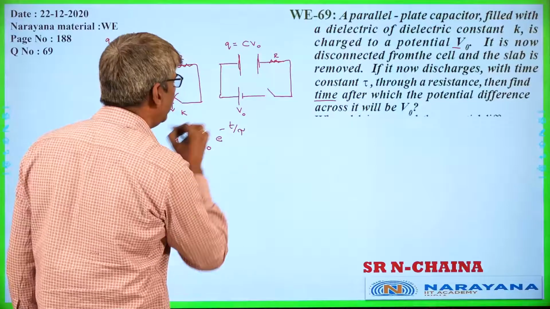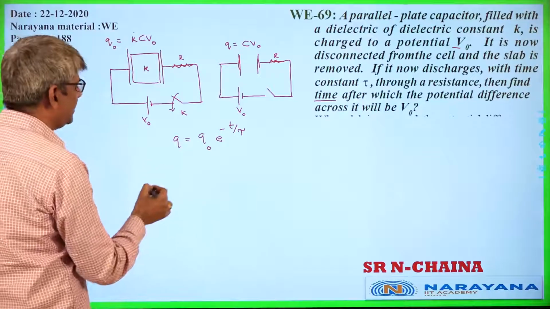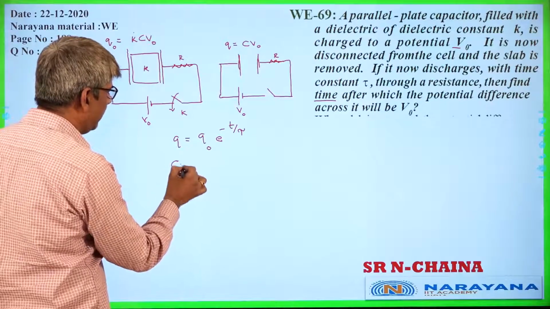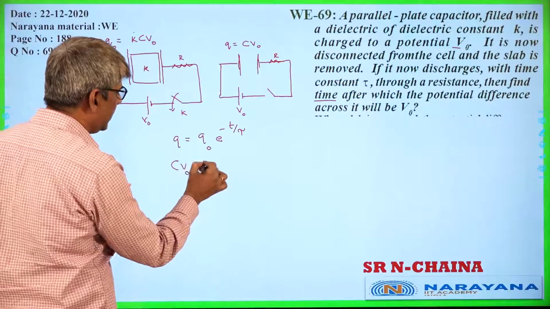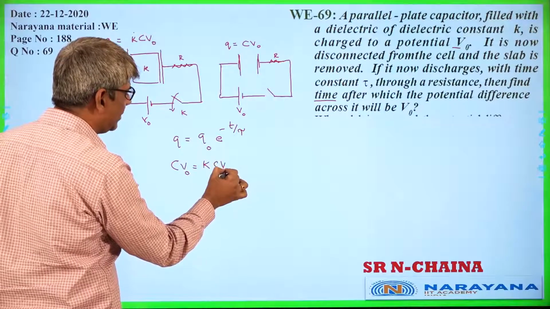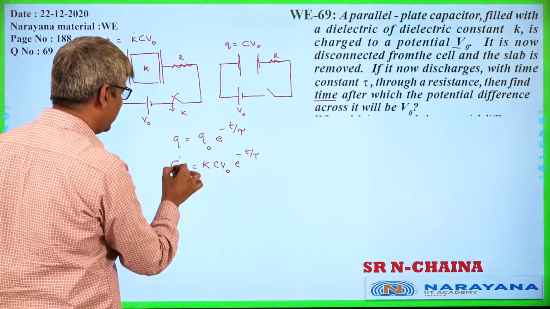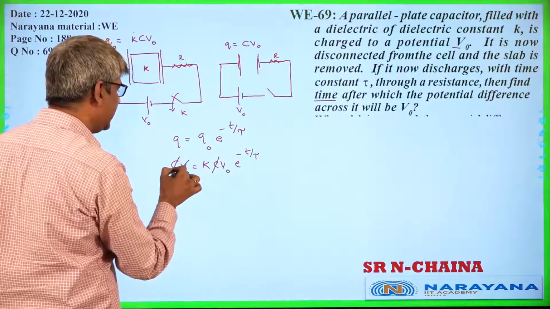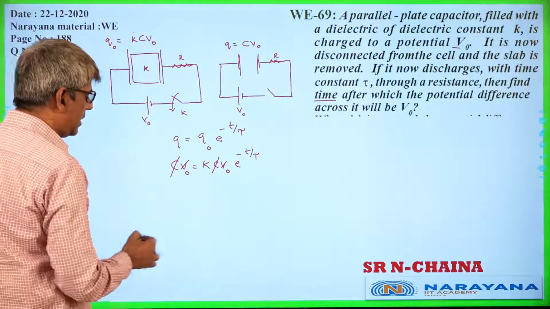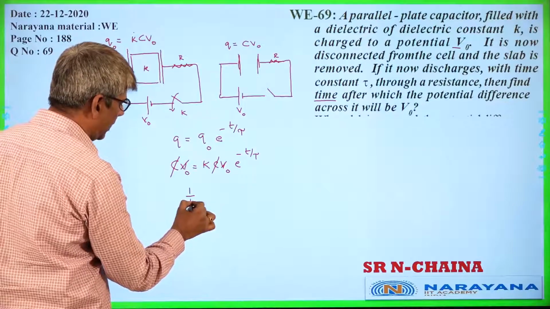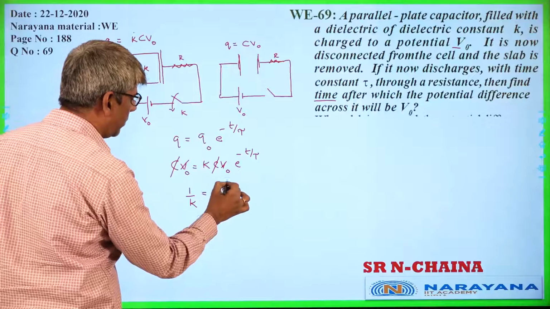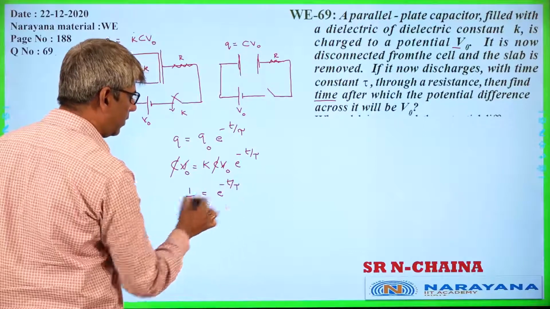Q means CV0, Q0 is KCV0, so CV0 equals KCV0 e power minus t by tau. Therefore the C and C cancel out, V0 and V0 cancel out. This can be written as 1 by K is equal to e power minus t by tau.